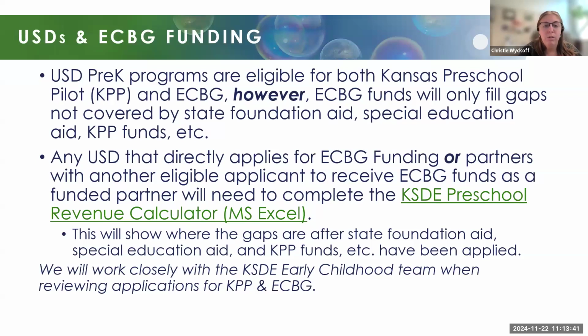However, ECBG funds will only fill gaps not covered by state foundation aid, special education aid, Kansas Preschool Pilot funds, etc. So any USD that directly applies for ECBG funding or partners with another eligible applicant to receive ECBG funding as a funded partner will need to complete the KSDE preschool revenue calculator. This is an Excel spreadsheet that will show where the gaps are after state foundation aid, special education aid, and preschool pilot funds have been applied.